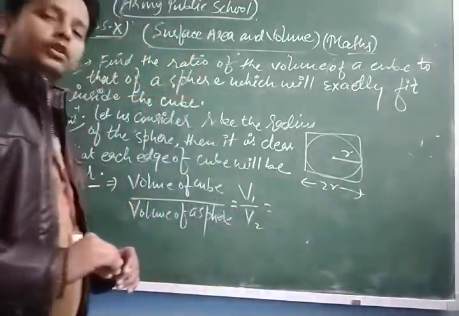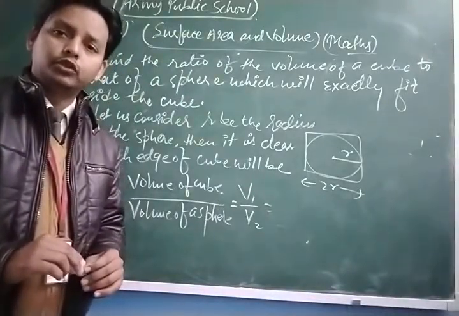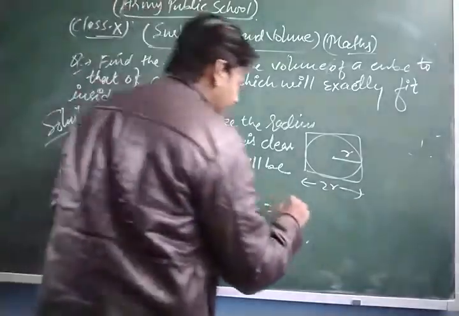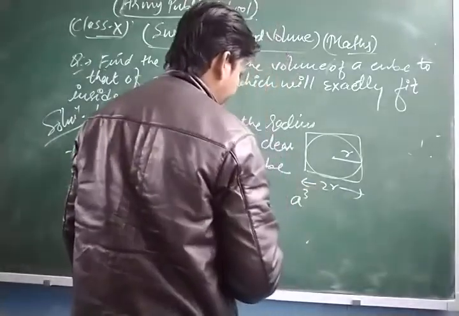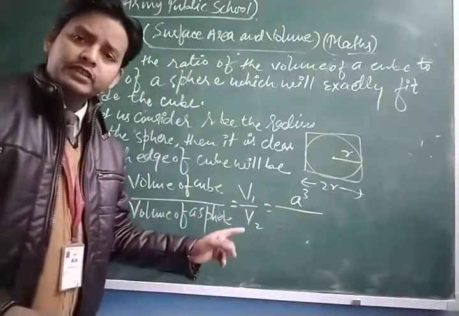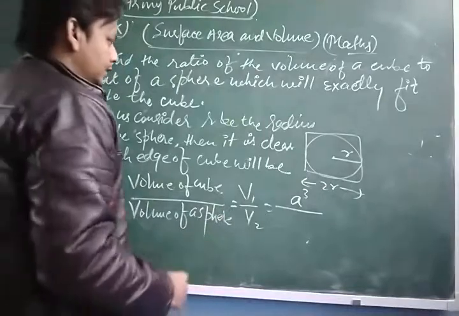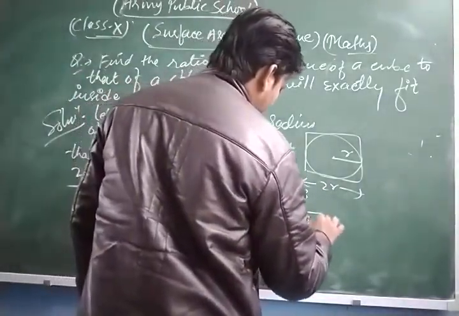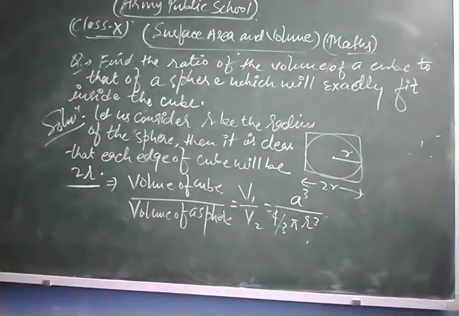Now look, what is the formula for volume of cube? We know that the volume of cube is side cube. So let A be the side of the cube, that is side cube, upon the volume of a sphere, which is 4 by 3 pi r cube. So here we write 4 by 3 pi r cube.